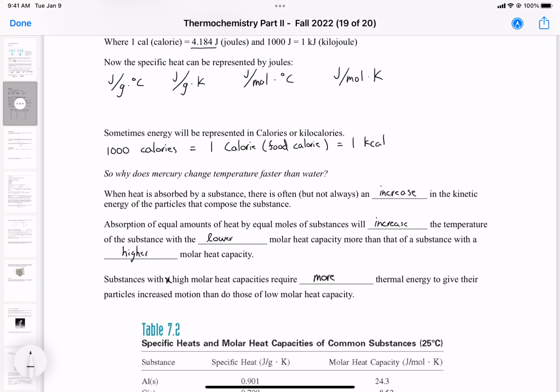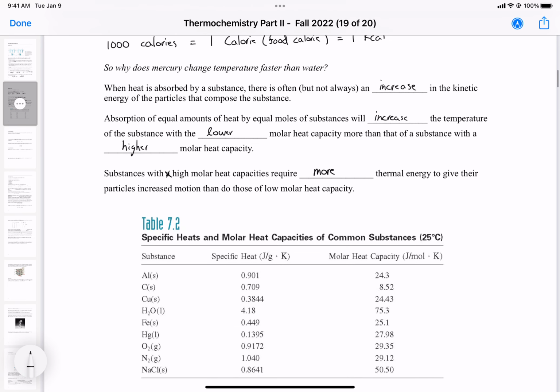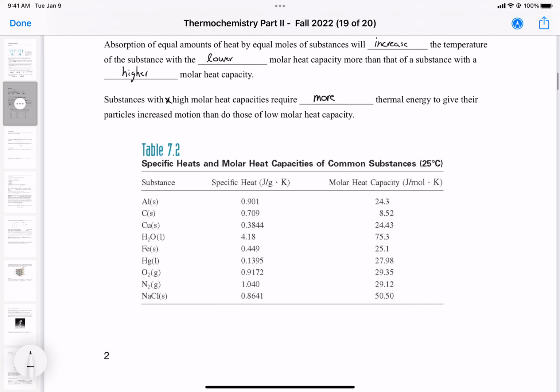Okay. So here's a table with the specific heats and molar heat capacities of common substances, given in units of joules per gram per Kelvin and joules per mole per Kelvin. See the metals here, they typically have low heat capacities, copper having a very low heat capacity.